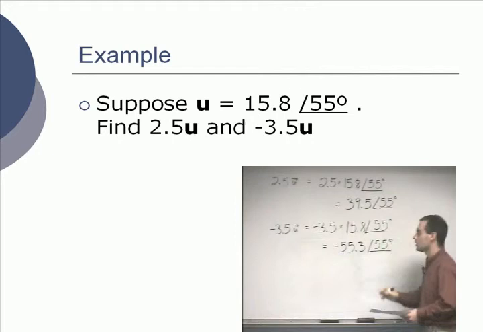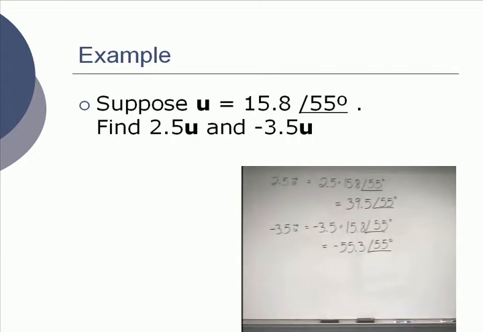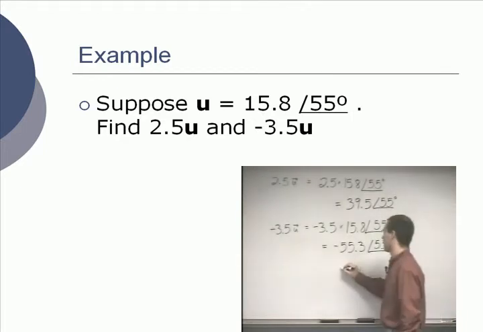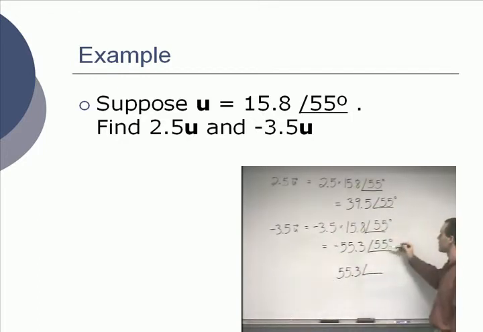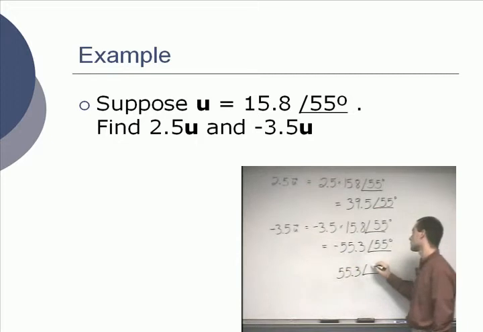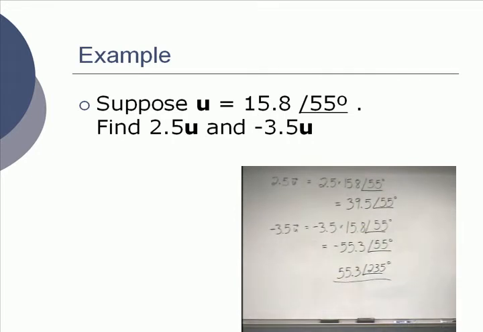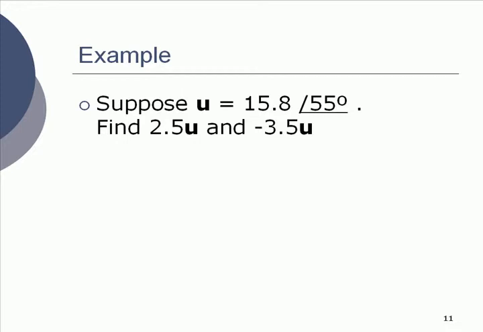But here again, it's not wrong to use negative magnitudes, but we typically will write them with positive magnitudes. So we can write that as 55.3, and add 180 degrees to that, 235 degrees. That would be the preferred way to write it. And we're done. Scalar multiplication. Okay.